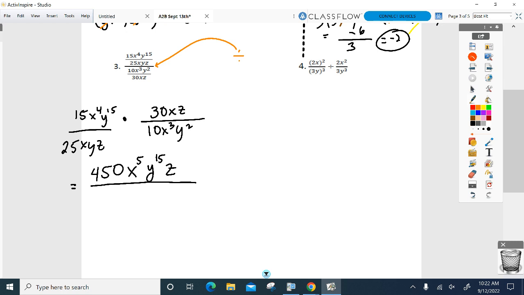And then on the bottom, 250, yep. 4 x's, 3 y's, 1 z. And then go ahead, reduce, and I'll ask somebody for your final answer.